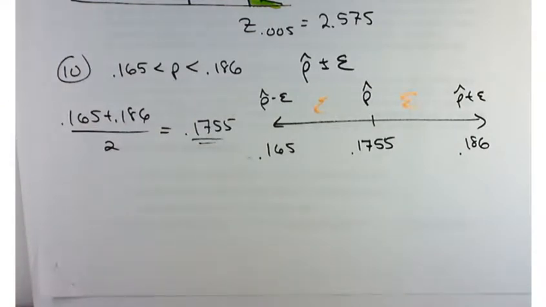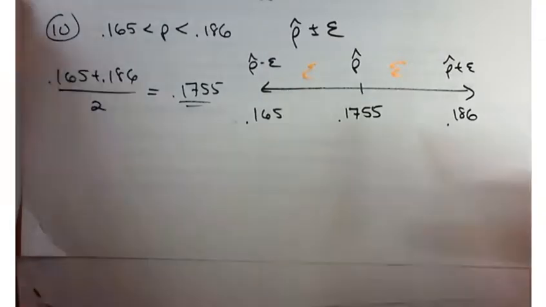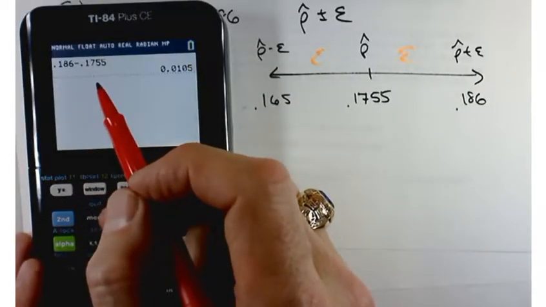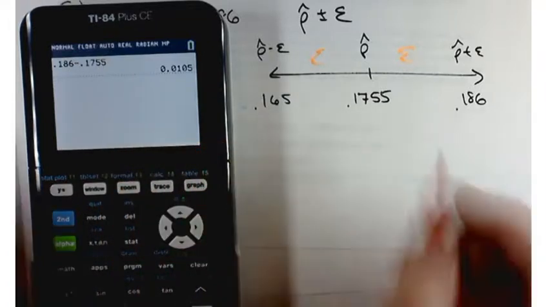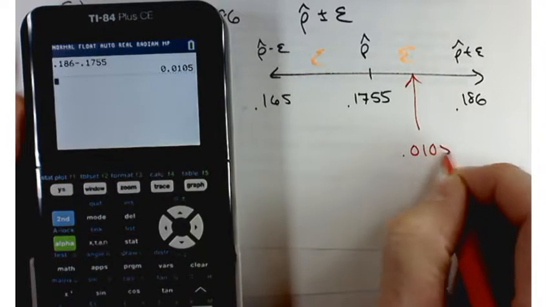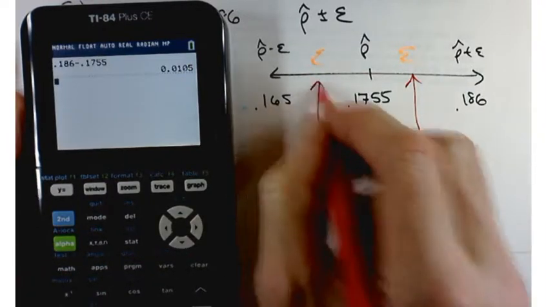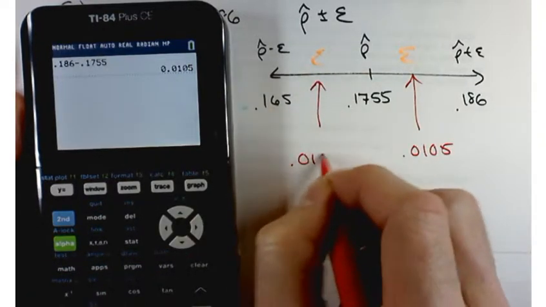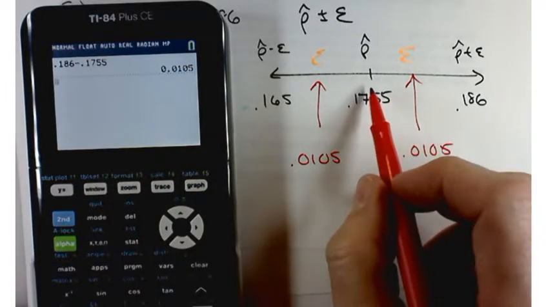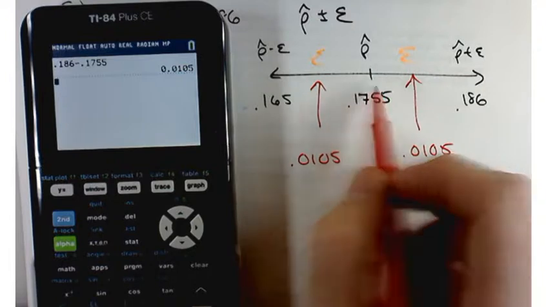Keegan? Yeah, subtract them. So just take 0.186 minus 0.1755, and we find that that error term is 0.0105. And it's in both directions.